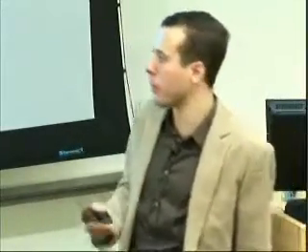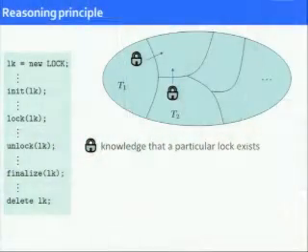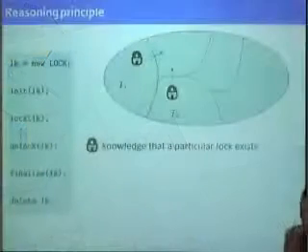Also, before, every thread knew about the existence of every lock. Now, since locks are dynamically created by threads, some threads are going to know about the existence of some locks, and some threads aren't. So I'm going to have something in my reasoning that represents the knowledge that, say, thread T1 knows about the existence of a lock protecting this partition of the heap. There's going to be something extra in the local state of this thread that models this fact.